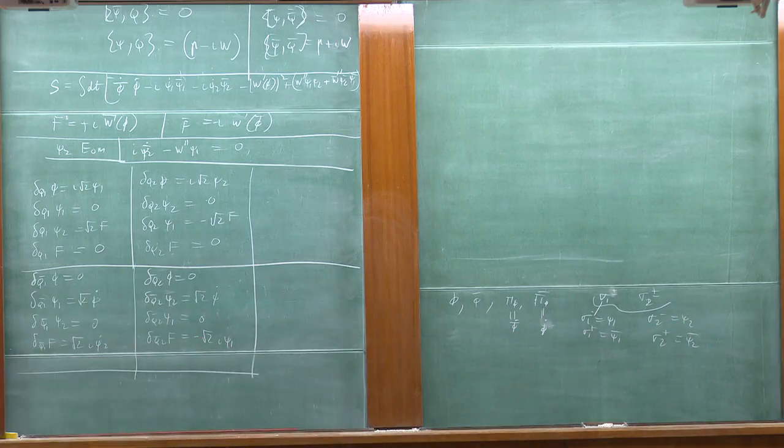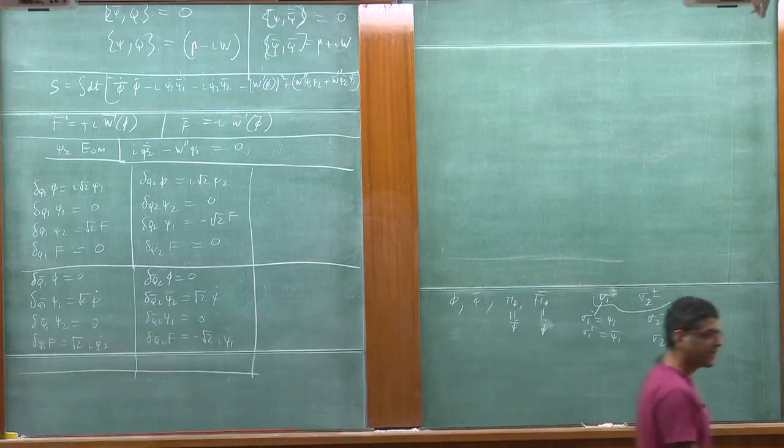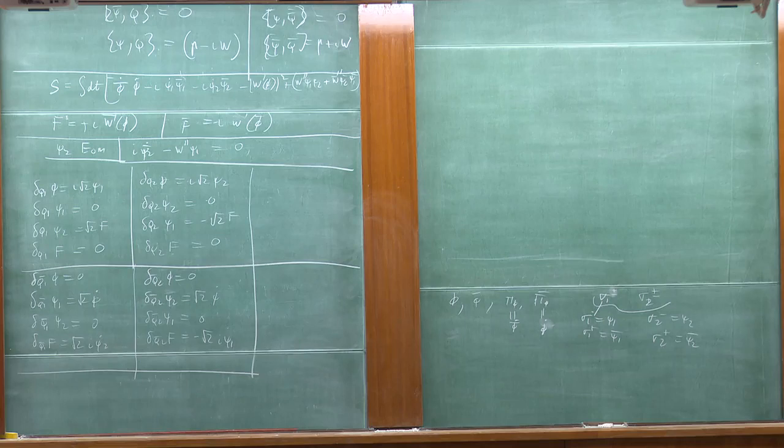Okay? So this is a Hilbert space. It's a Hilbert space of 4 functions of phi and phi bar of 2 variables. Okay? And it's on that Hilbert space that we want to write down an operator expression that will generate these transformations.